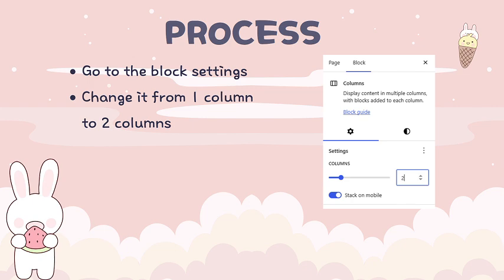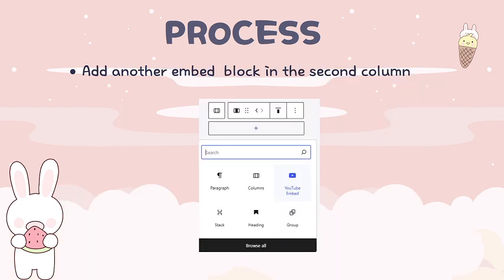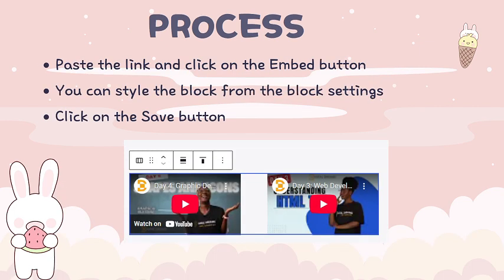You could change it from one column to two columns or any number of columns that you want. Then you add another embed block in the second column. Then you paste the link and click on the embed button. Then you can now style the block from the block setting and click on the save button.